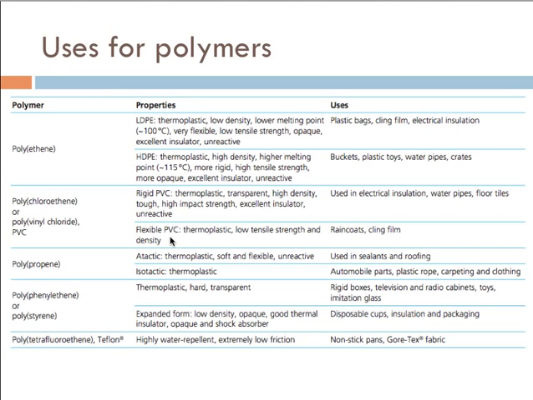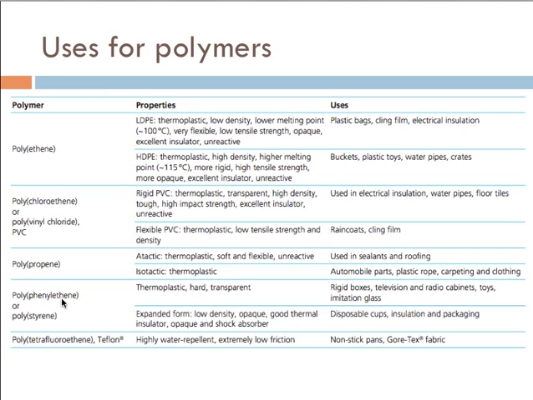And then we have flexible PVC, which is that thermoplastic, low tensile strength and density, used for raincoats and cling film. Polypropylene, the atactic form, soft and flexible, used in sealants and roofing. The isotactic, the more ordered form: automobile parts, plastic ropes, carpeting, clothing.